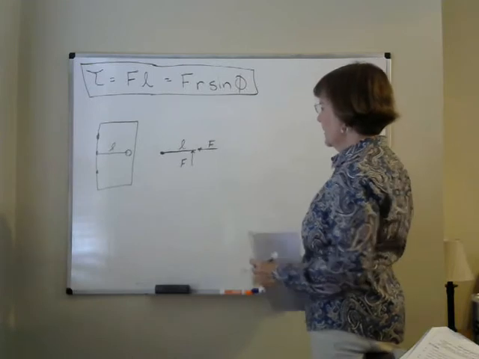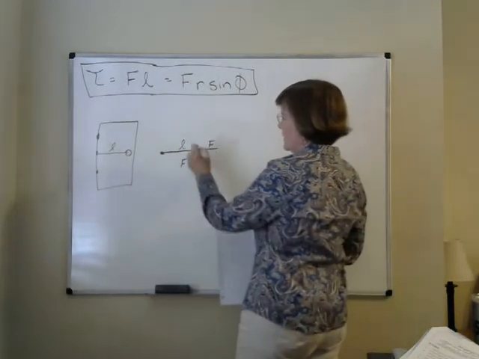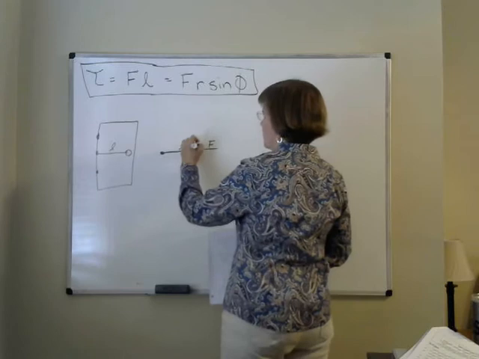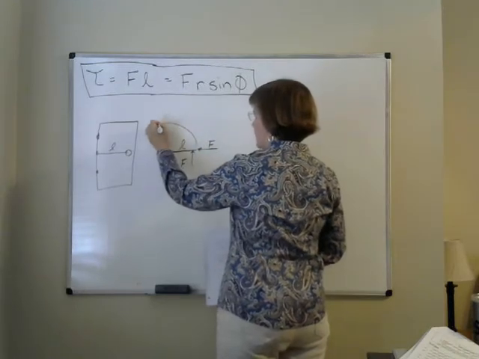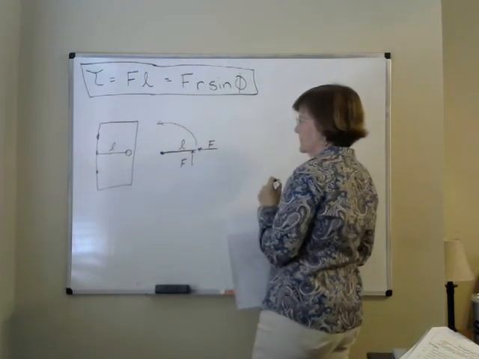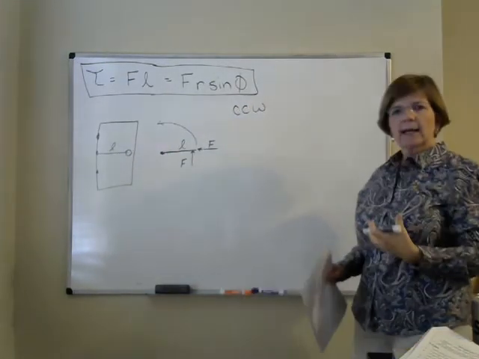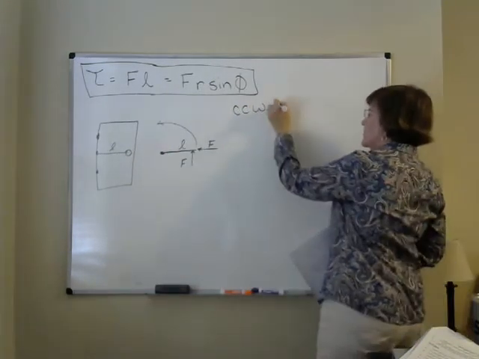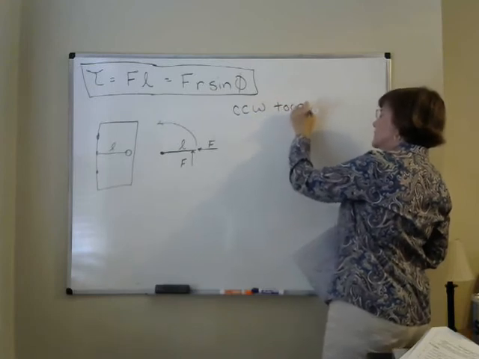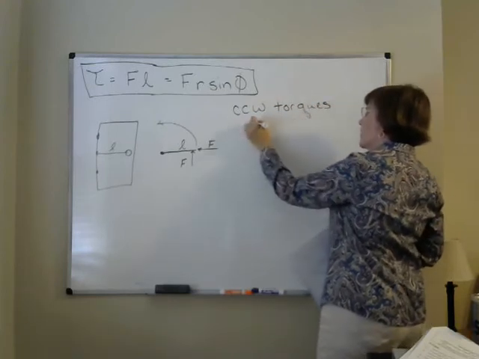While we're thinking about it, notice the way I've drawn this picture. This would have a tendency to rotate that direction. Counterclockwise, and that's how we normally abbreviate counterclockwise. Counterclockwise torques are positive.